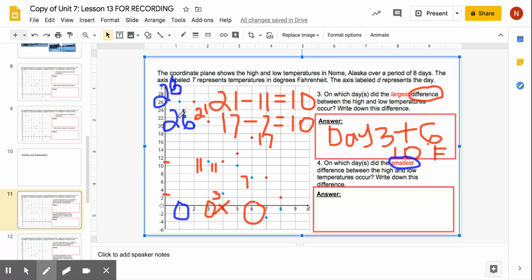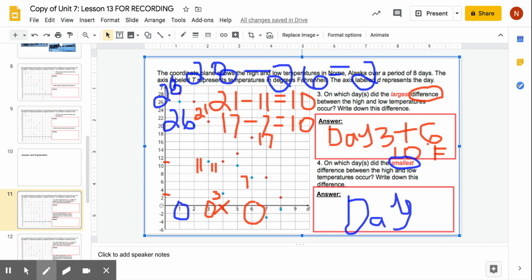If I subtract 26 from 28, so I do 28 minus 26, that equals a 2-degree difference. So the day with the smallest difference is day 1, with a 2 degrees Fahrenheit difference.